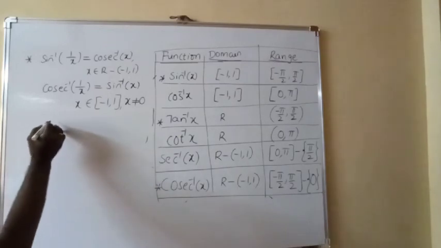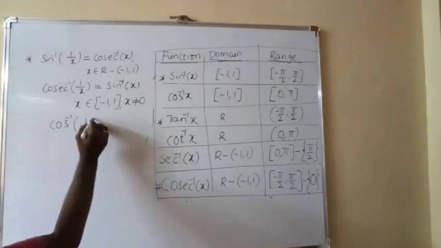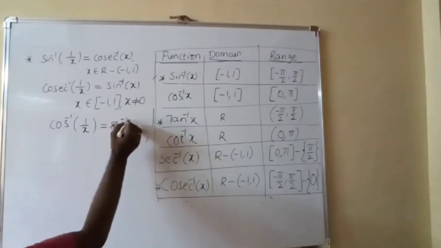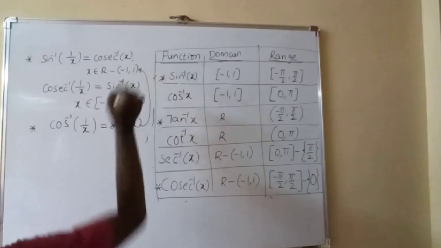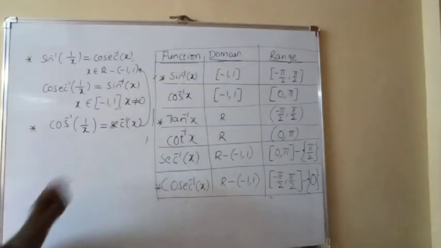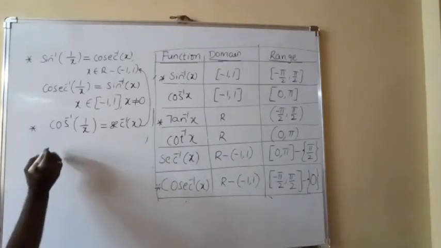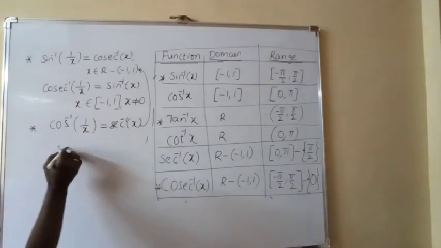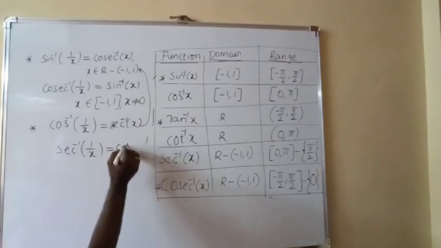Similarly, cos inverse 1 by x is equal to what you will get? Secant inverse x. So what is x belongs to? Same, x belongs to R minus open interval minus 1 comma 1. So which is the original domain of secant inverse. Hence these two functions are also identical functions. Whereas what is the formula for secant inverse of 1 by x, which is equal to cos inverse x.